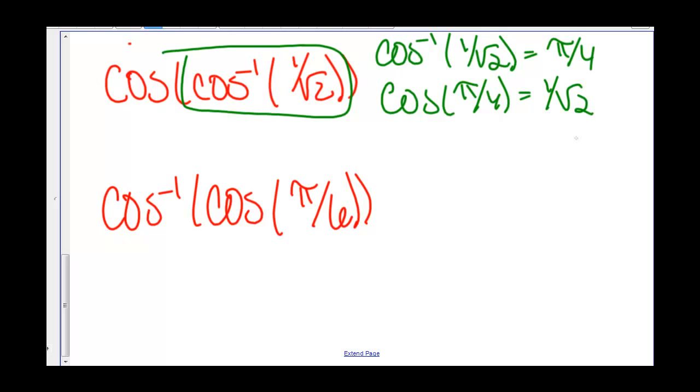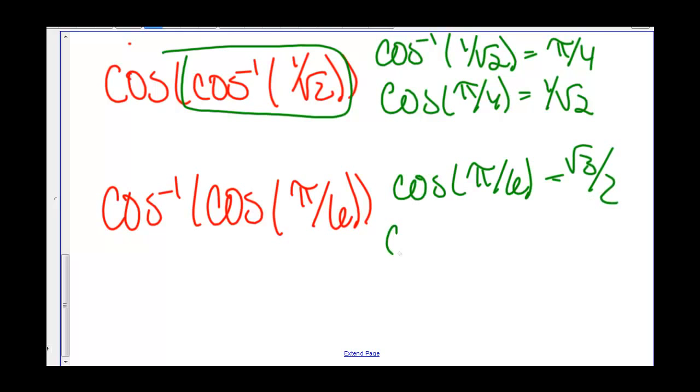Down here, the cosine of pi over 6 is going to be square root of 3 over 2, and the inverse cosine of square root of 3 over 2 is pi over 6.